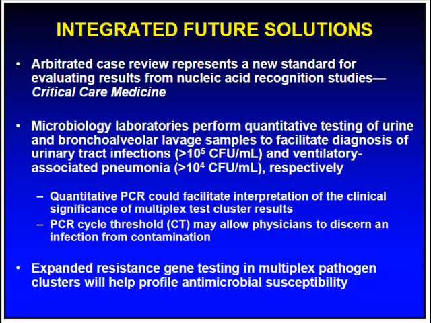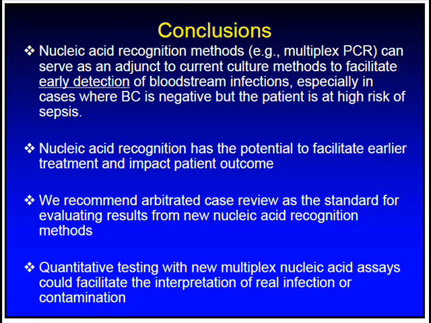PCR cycle threshold CT value may allow physicians to discern infection from contamination. Expanding the capability of current multiplex platform to include resistance gene testing will help clinicians profile antimicrobial susceptibility of these organisms.